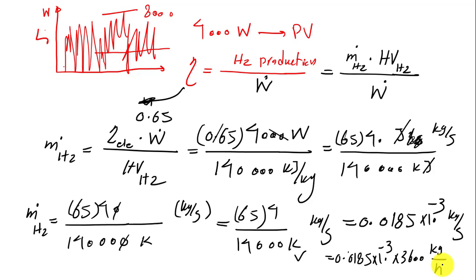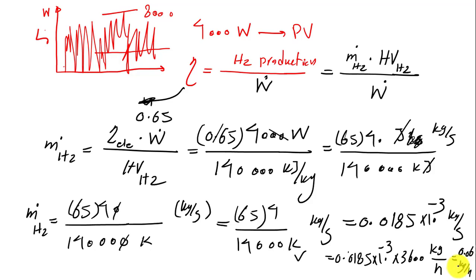So that number 1857 times 3600 divided by 1000, that would be 0.06. So if everything is correct, that would be 0.06 kilogram per hour.